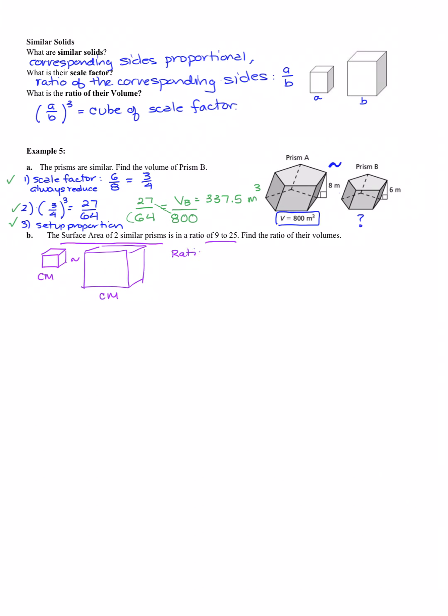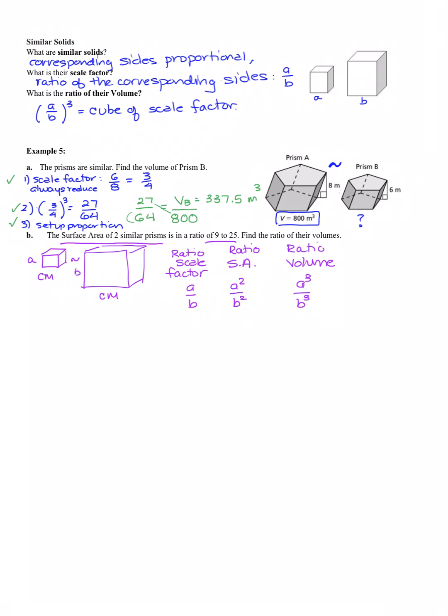So the ratio of the scale factor is going to be, let's call this one A and this one B. It would be A to B. But the ratio of the surface area, anything that's area, remember area is 2-dimensional, is A squared to B squared, and the ratio of volume is going to be A cubed to B cubed.